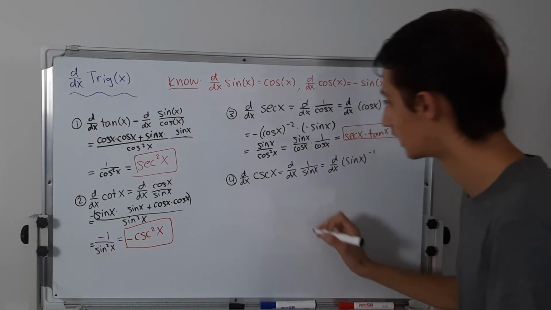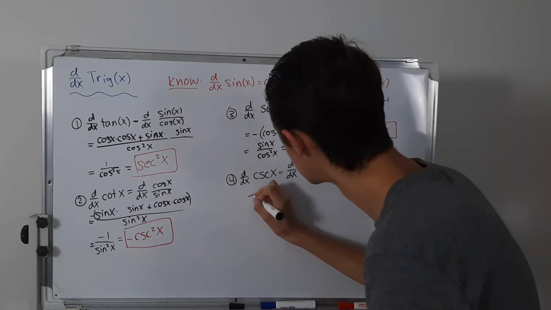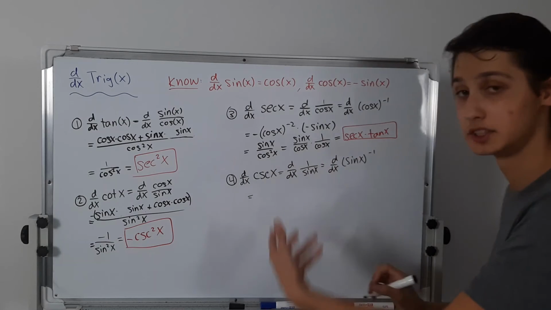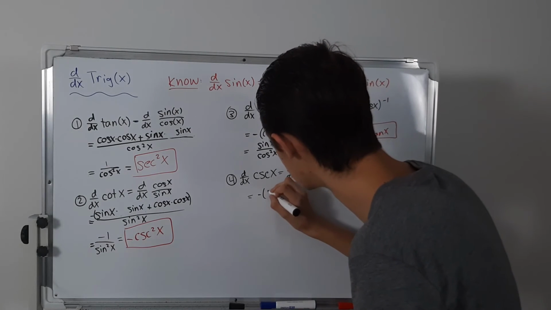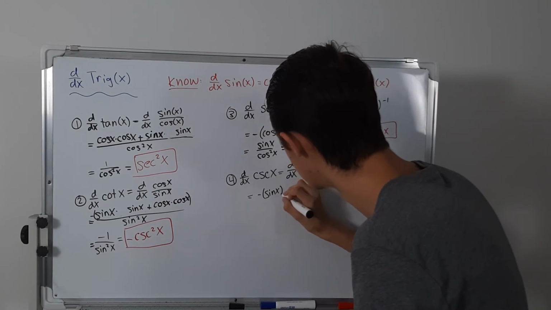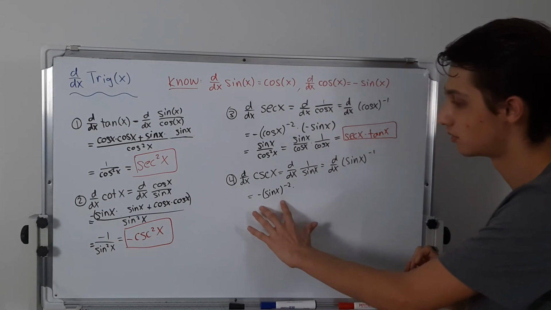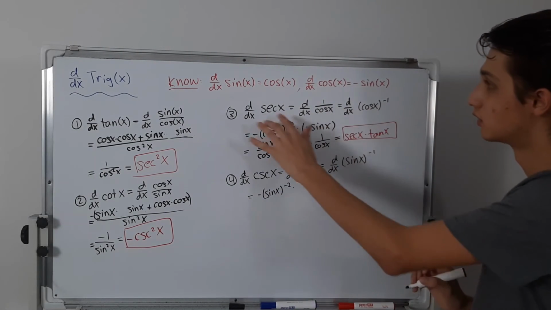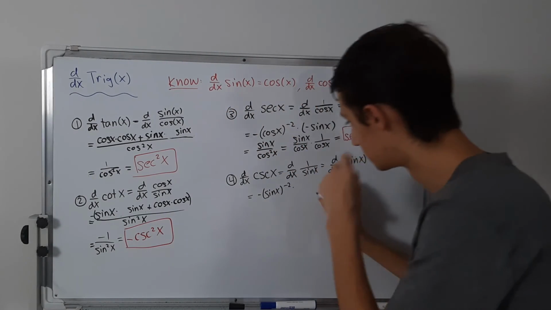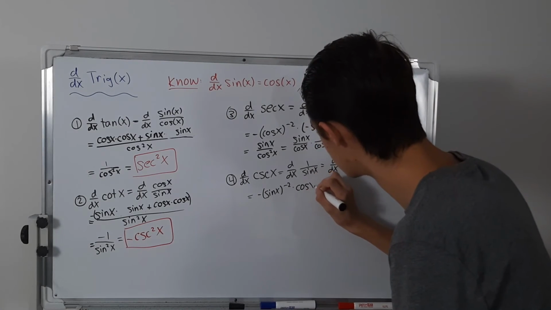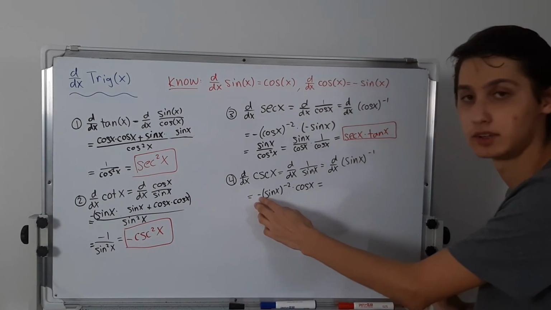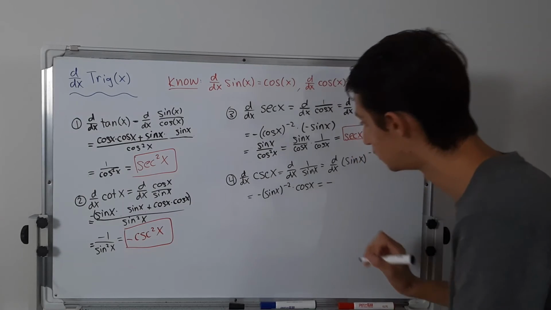Chain rule again. So we got negative times the sine x to the -2 times the derivative of the inside, which is just sine. Derivative of sine, we said, is cosine. So we have that cosine.